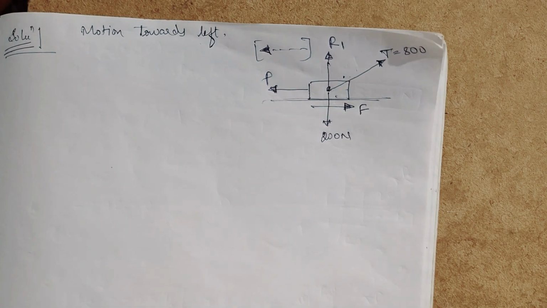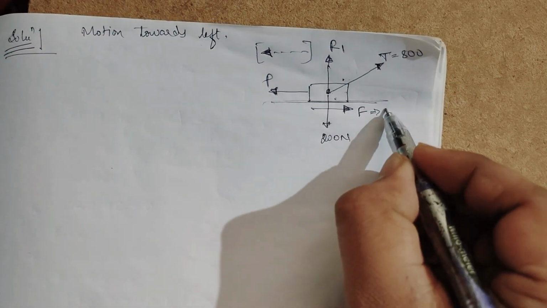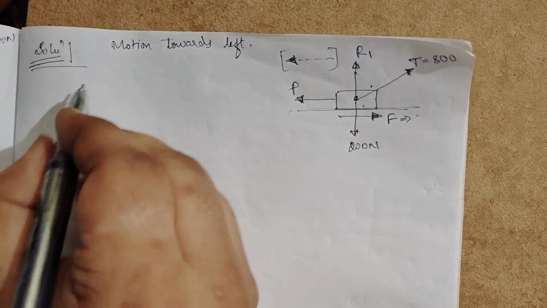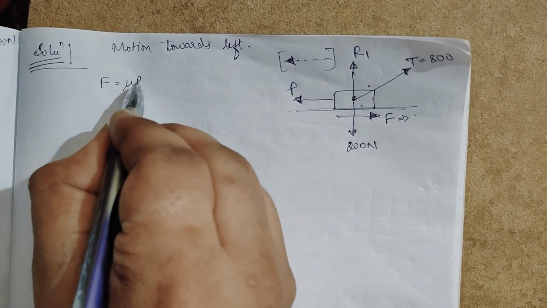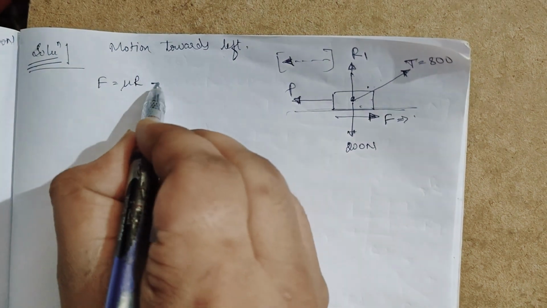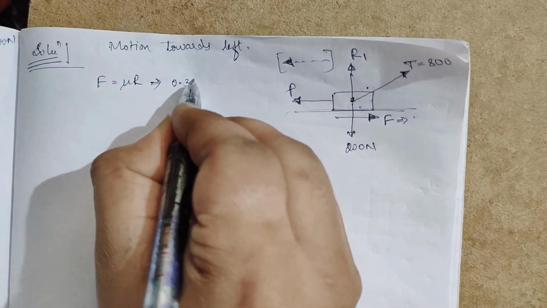This is F. So now F is equal to, I can write as mu into R. So mu is equal to F by R, so F is equal to mu into R. We have the mu value as given, 0.35.